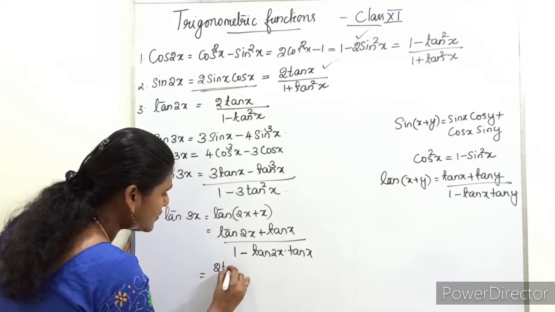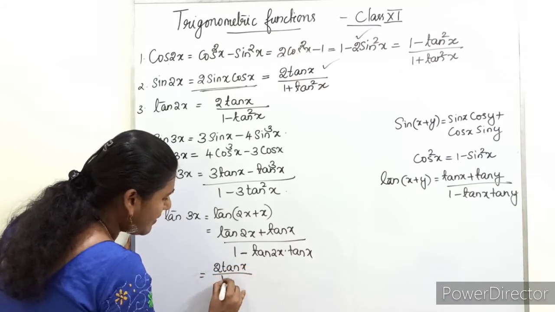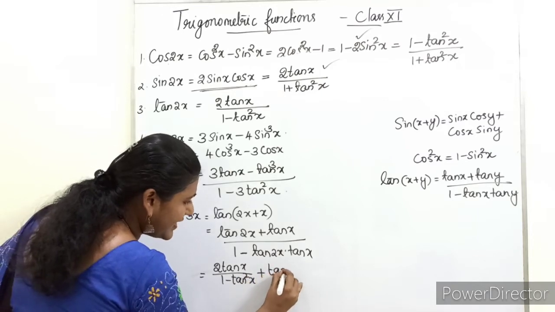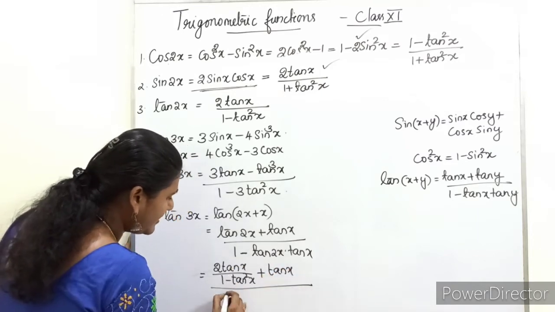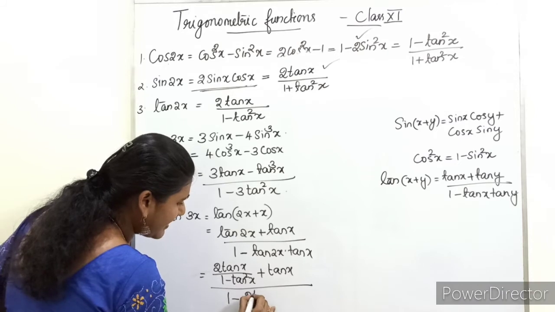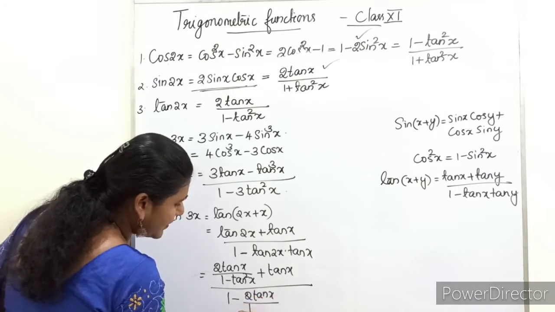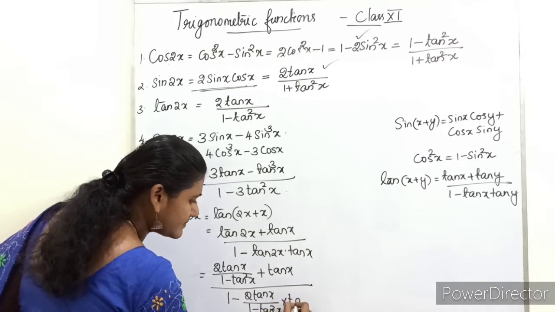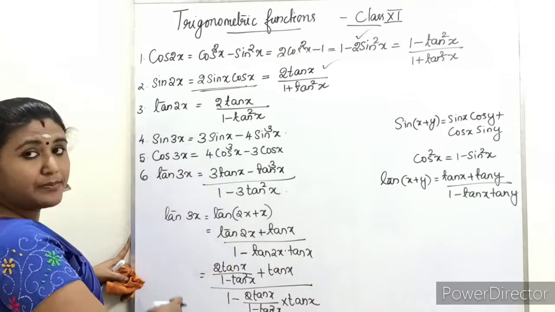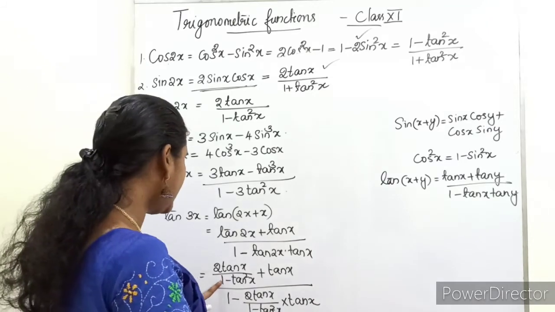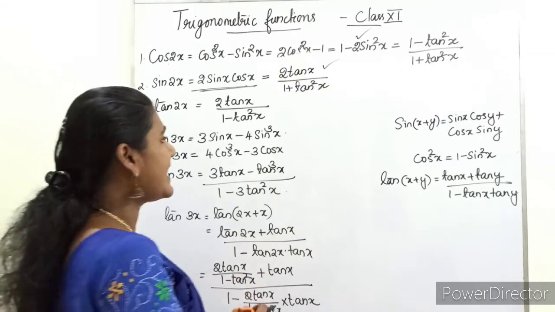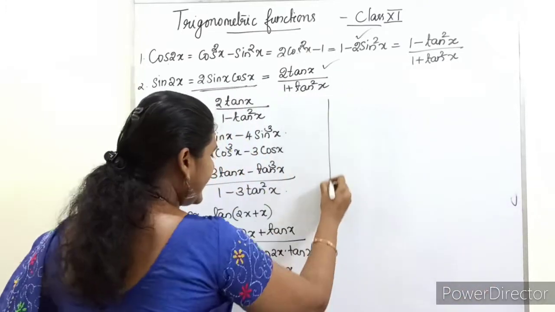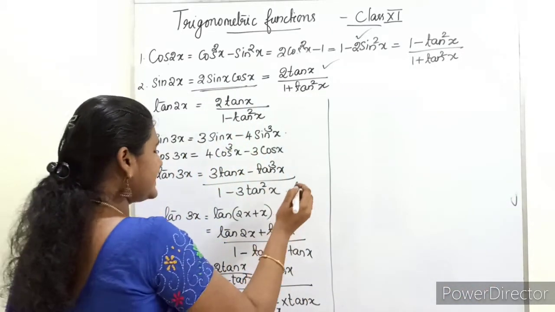So we can write 2 tan x by 1 minus tan square x plus tan x, divided by, in the denominator also, in the place of tan 2x we write 2 tan x by 1 minus tan square x into tan x. Okay, now we will simplify this. In both the numerator and the denominator we will take 1 minus tan square x as LCM.